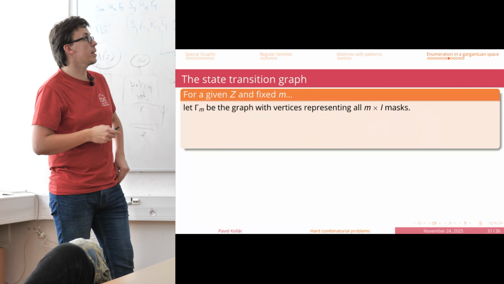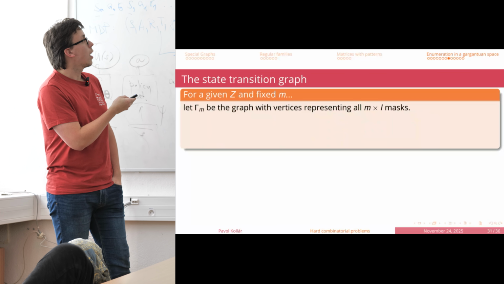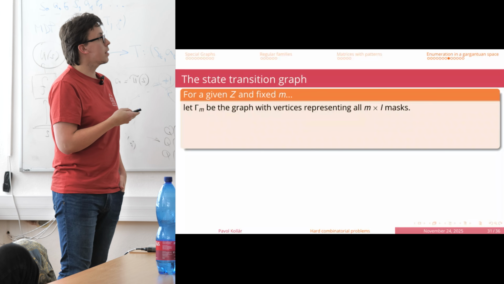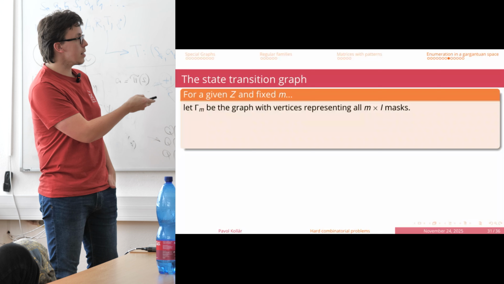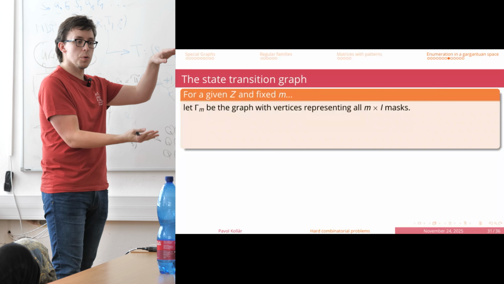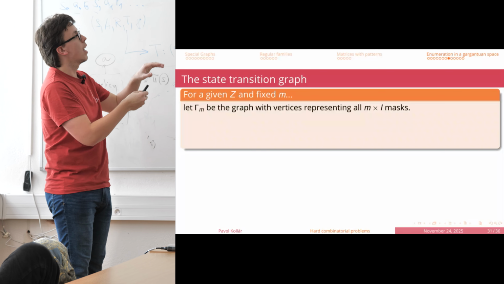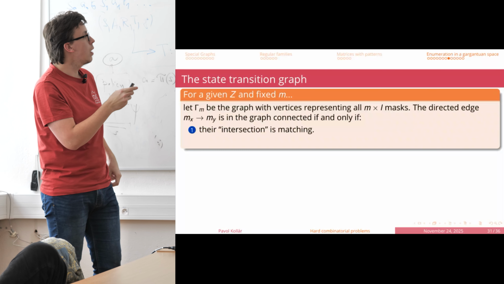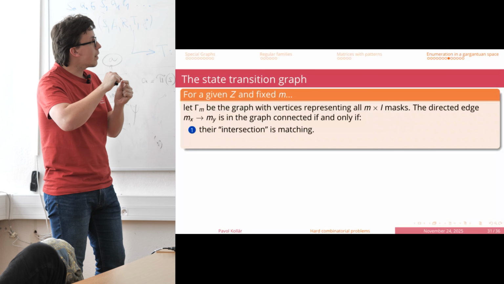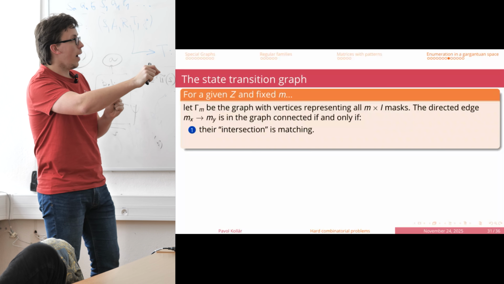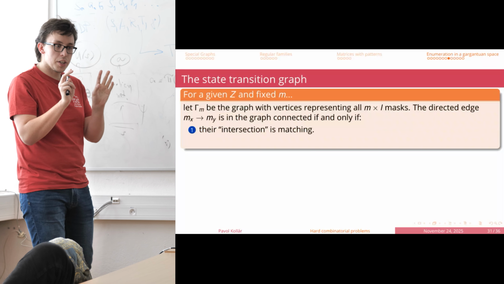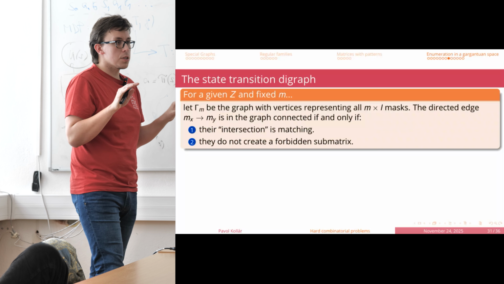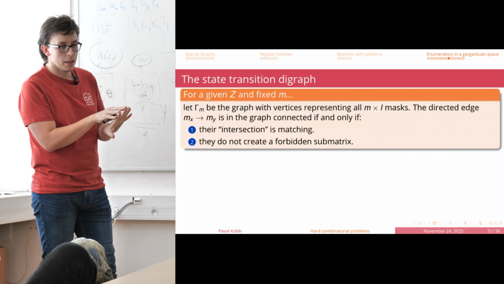In fact, this time it will be a directed graph. So let the graph Gamma_m be the graph with vertices representing all m times L masks, m being the fixed number of rows that we fix, and L being the number of columns in the forbidden matrices. And then there will be a directed edge between mx and my if the intersection is matching, I'll get to what that means, and these two masks do not create anything that's forbidden.